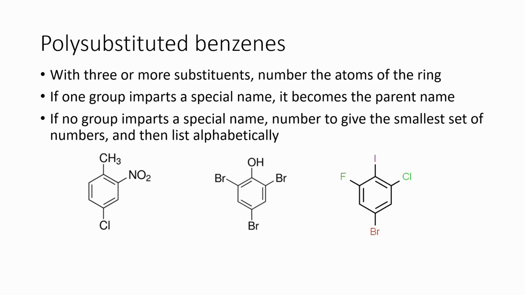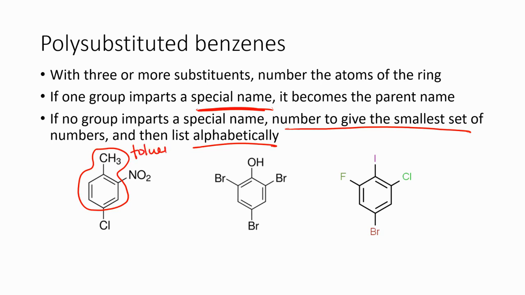Now, sometimes you'll have 3 or more substituents coming off the ring, and you can't use ortho or meta or para in that case. When there's 3 or more groups, you just have to number them. You can still use special names though, and we'll always number it to give the smallest set of numbers, and we'll always list alphabetically. So we can still look for our special name here, toluene.